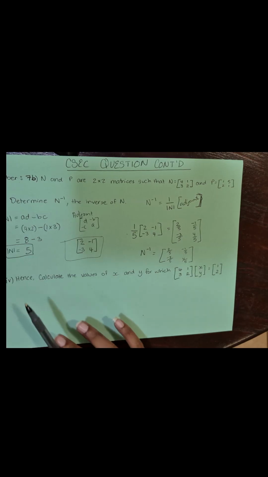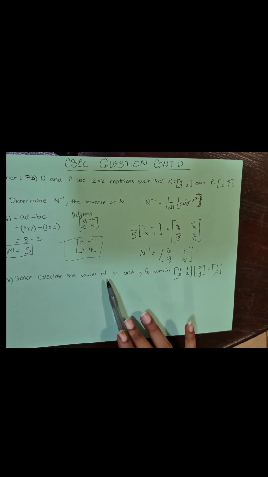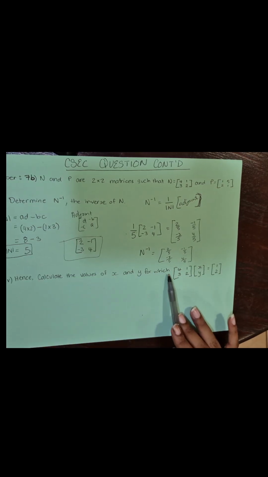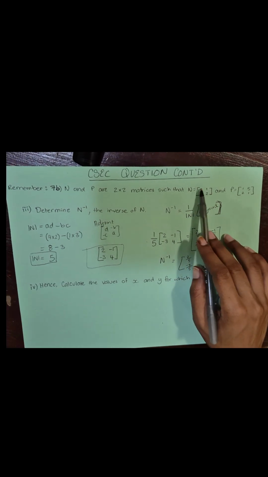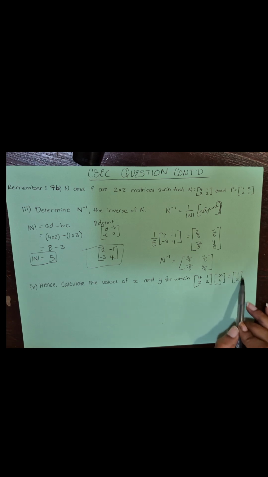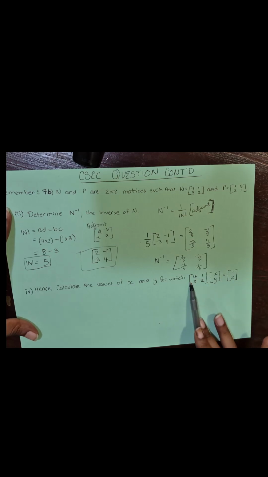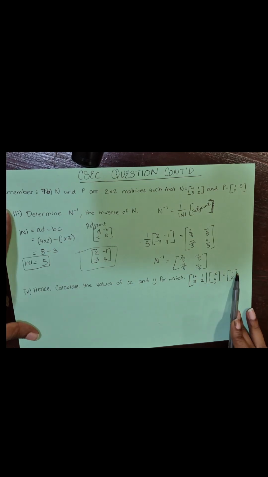Next part of the question. Hence, calculate the values of x and y for which, and they have N here. See, N is 4, 1, 3, 2. So 4, 1, 3, 2, x y equals, and then another matrix. This resembles or is identical to the setup for a simultaneous equation question.